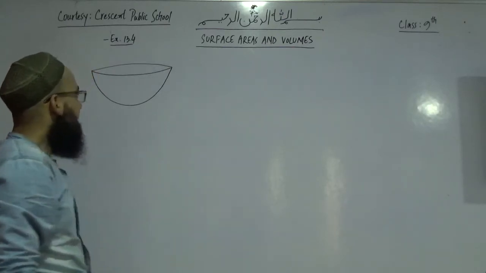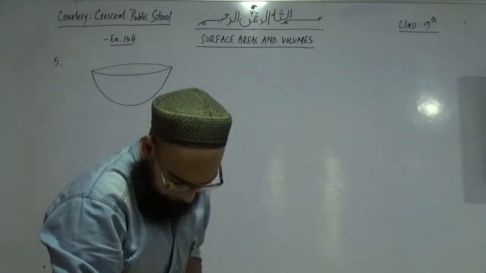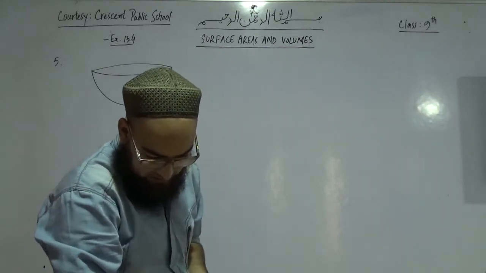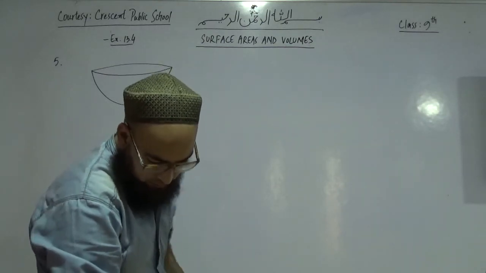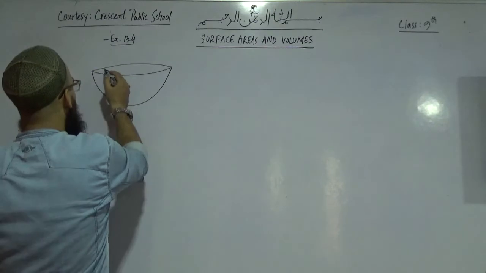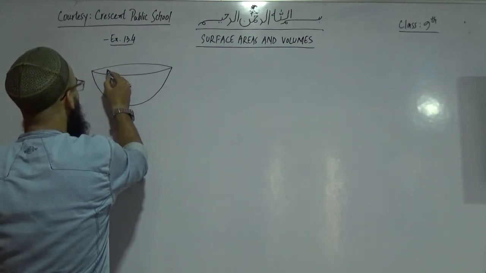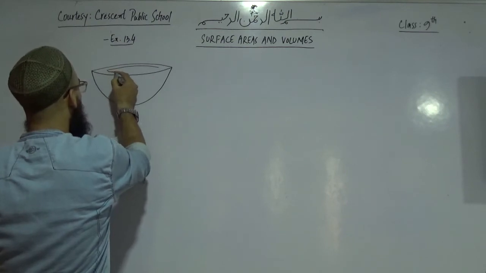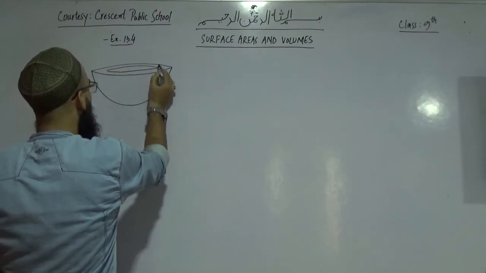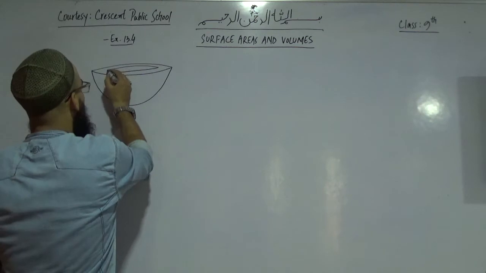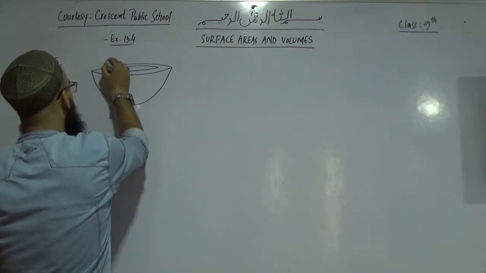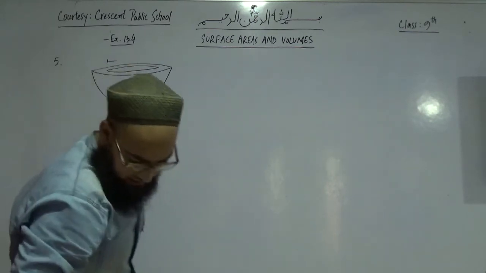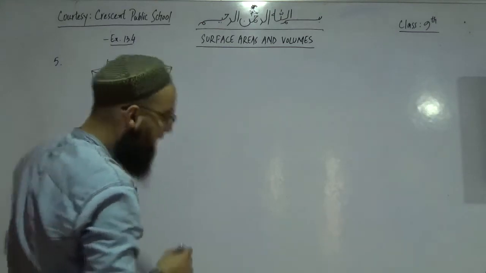This is our hemispherical bowl made of brass, has inner diameter 10.5 centimeter. This is the inner diameter. How much is this? 10.5 centimeter.